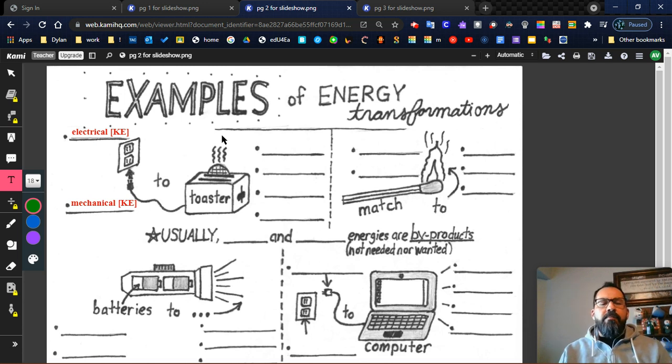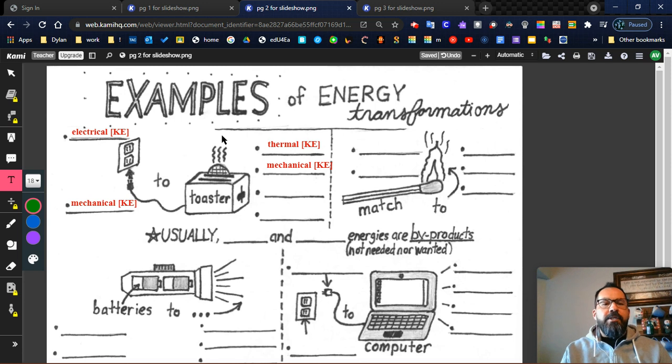Now, the first one that comes to mind is going to be thermal energy. If we're going to cook a waffle, we need thermal energy to do that. So that's the first one that we should list. Now, what else? Think about a toaster. What else do toasters do? Well, the waffle has to pop out of the toaster. So that's mechanical energy.